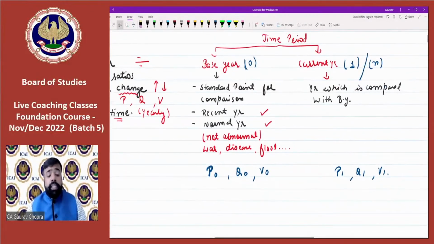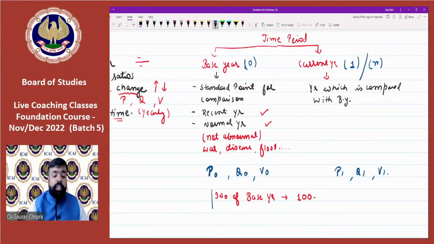Then the next thing is, index number of base year is always taken as 100. It is fixed.